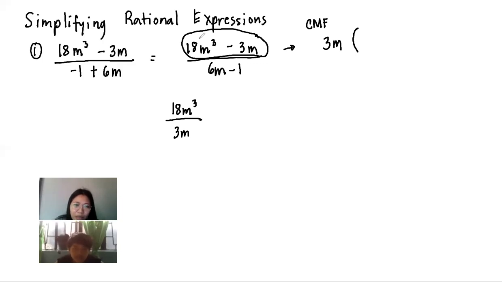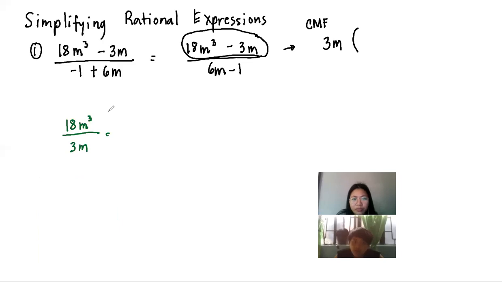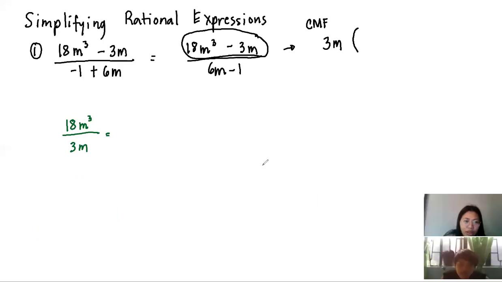Palitan ko yung color ha, para hindi nakakalito. Para i-simplify natin, 18m cube over 3m. When we divide 18 and 3, what's the answer? 6 po. 6. Okay. I will write here 6. I will write here and 3.